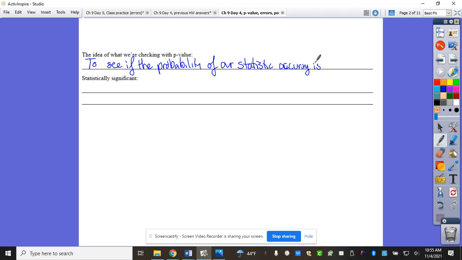In a problem, what do I actually compare p-value to? Alpha. And I want to see if it is what? Less than alpha. And so this is what I mean by really unlikely to have actually happened. So if it's so unlikely to have just happened by chance, then maybe I'm drawing the wrong distribution in the first place.